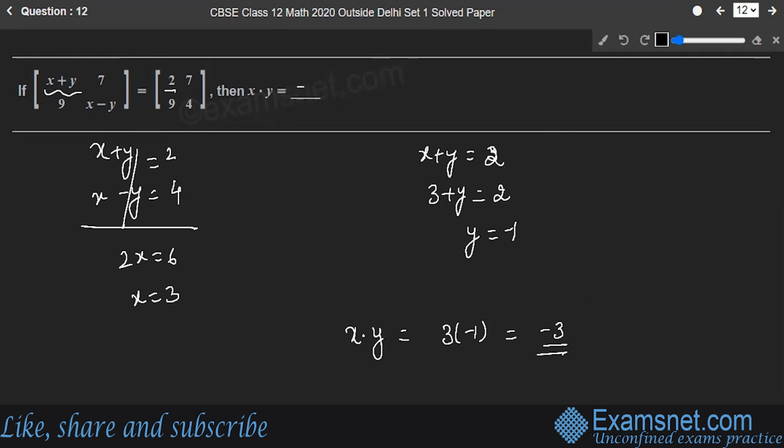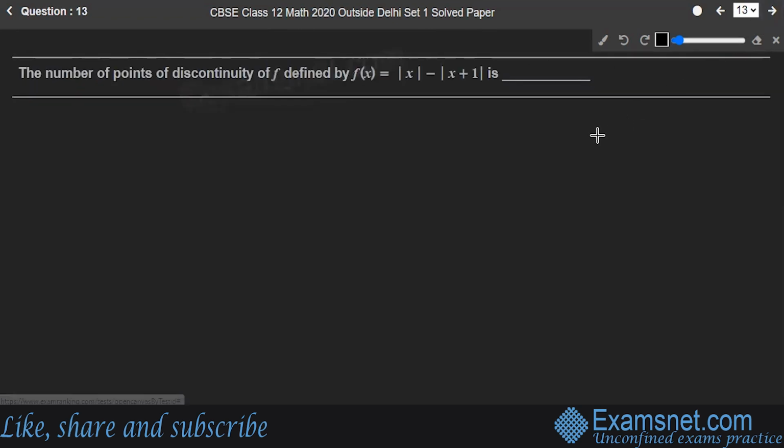Let's move to the next one. Question number 13. So the number of the points of discontinuity of f defined by this function is, you have to find out at how many points this function is discontinuous. f(x) is equal to mod of x minus mod of x plus 1.